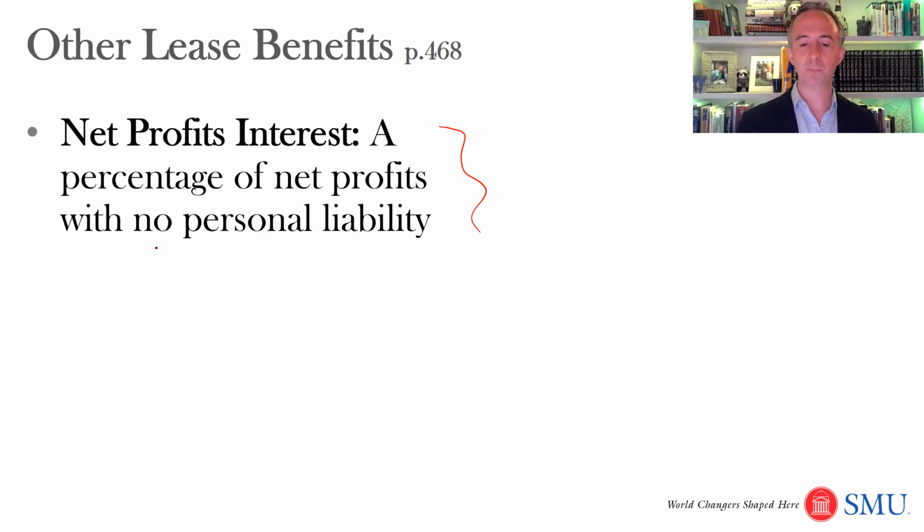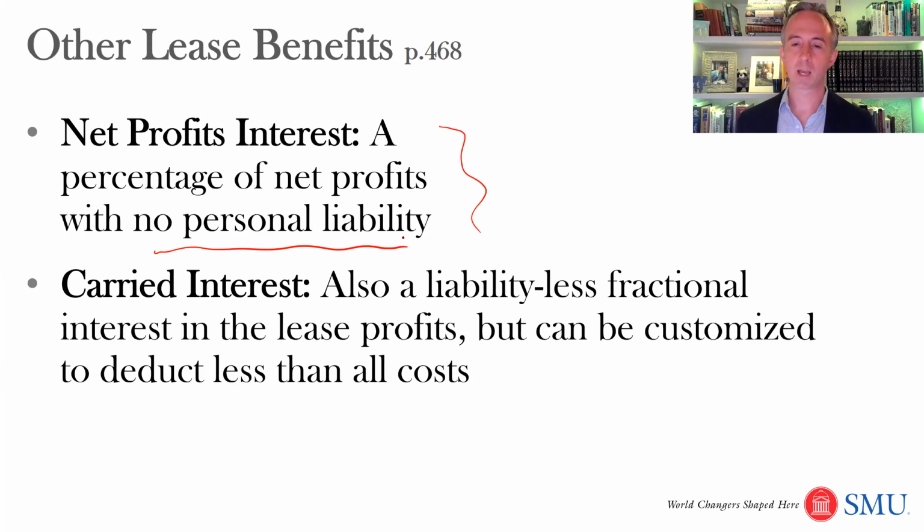Know that this doesn't come with personal liability. So you get the net profits, but you don't get charged if the oil and gas company loses money. Okay, a carried interest is a sort of similar benefit.